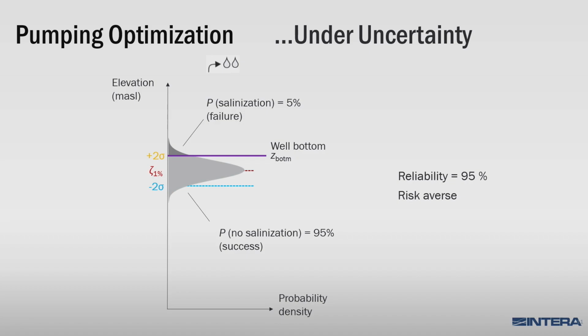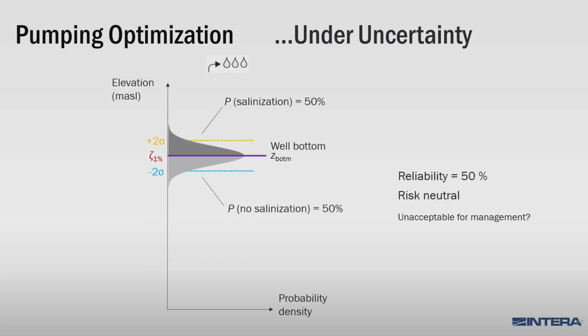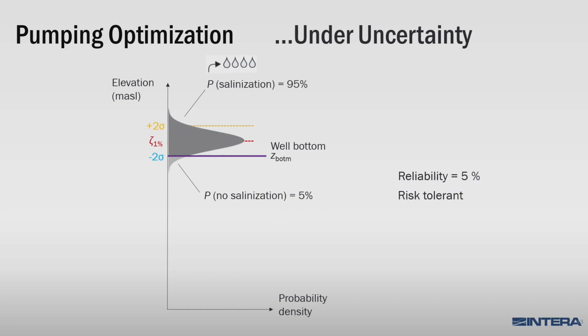But we could also decide to continue increasing pumping until we have a 50-50% chance of well salinization. And so this is a risk-neutral stance, but we see that this might already be unacceptable for management. And we could continue pumping until we have only a 5% reliability, which is a highly risk-tolerant stance.